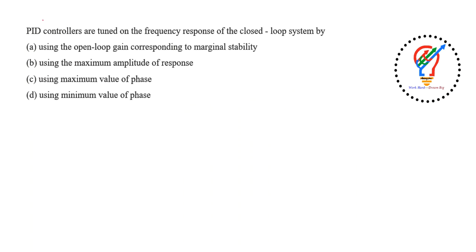Next one. The PID controllers are tuned on the frequency response of the closed loop system by. The transfer function of the PID controller is given as Gc(s) is equal to Kp plus Ki by s plus Kd into s.